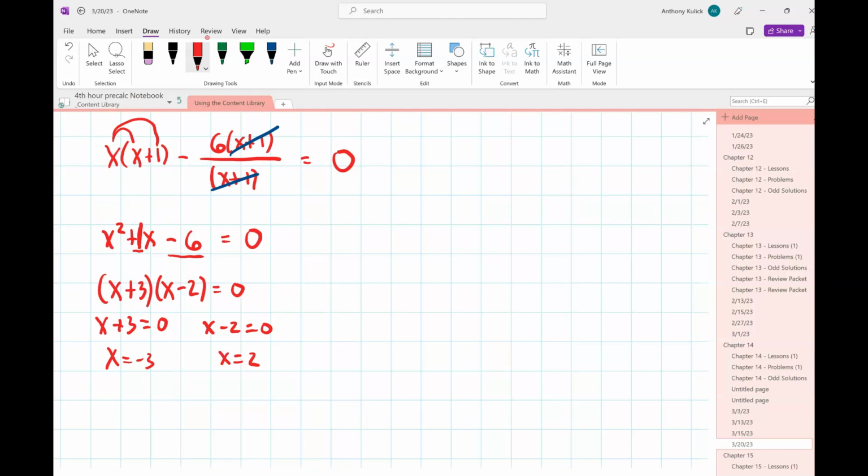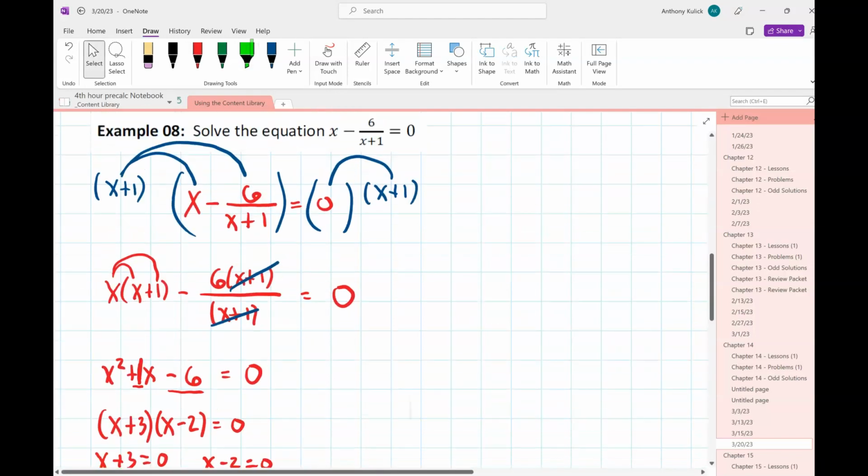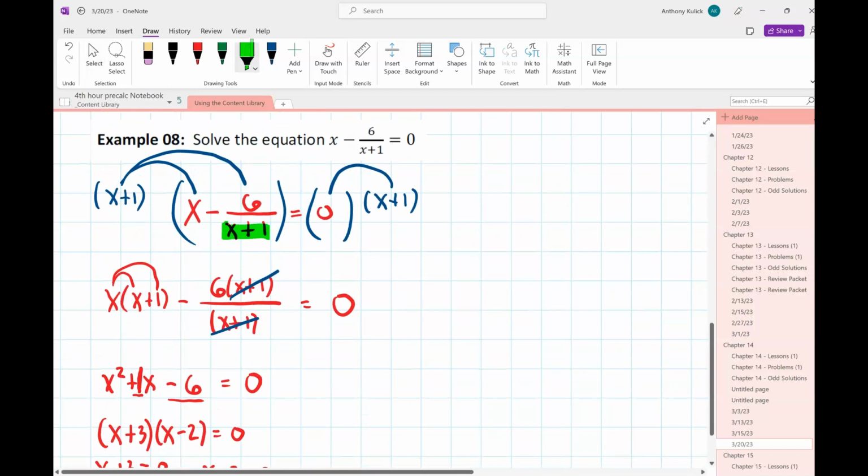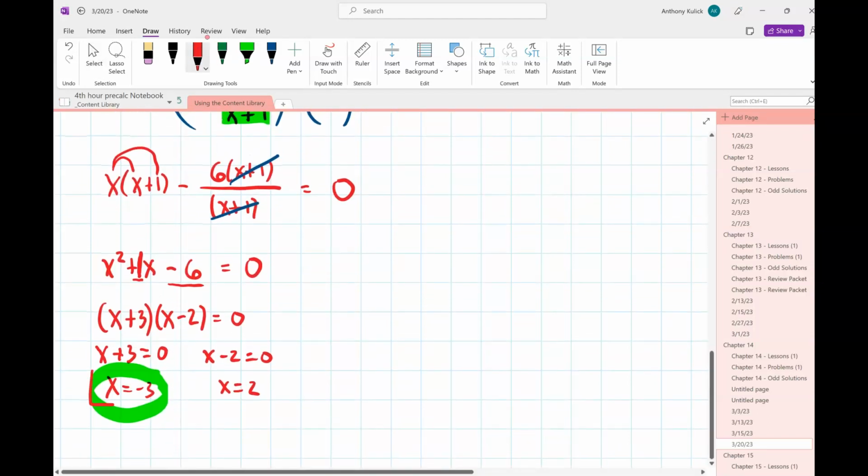So all I really need to do is take this answer, go back here, and if I plug -3 in for x, does that give me a 0 denominator? -3 plus 1, is that 0? Is it? No! So that one's okay.